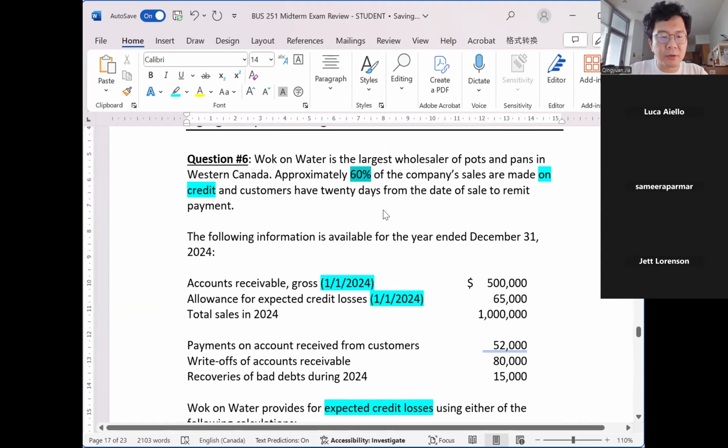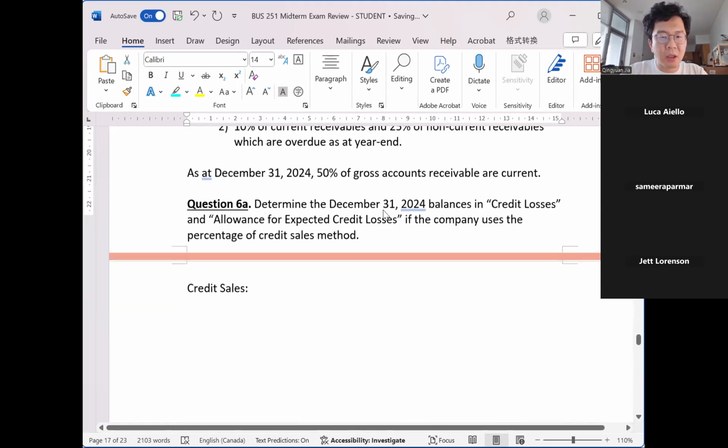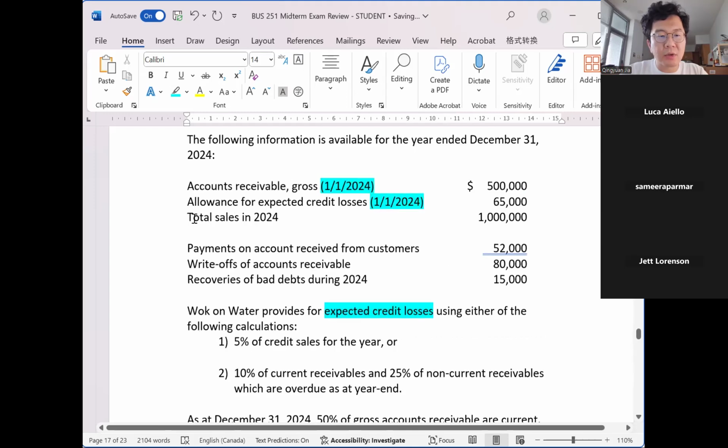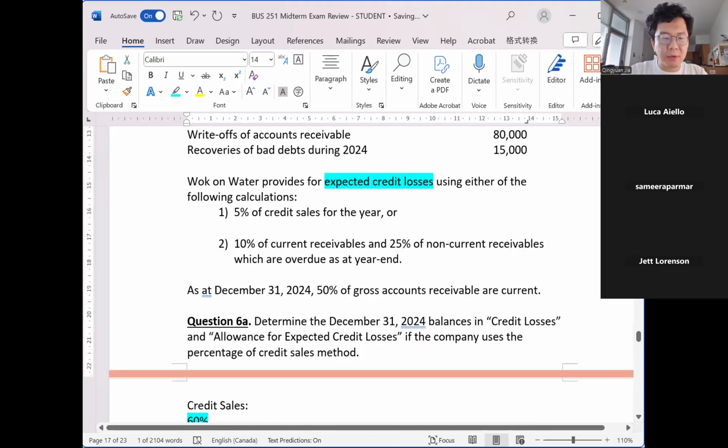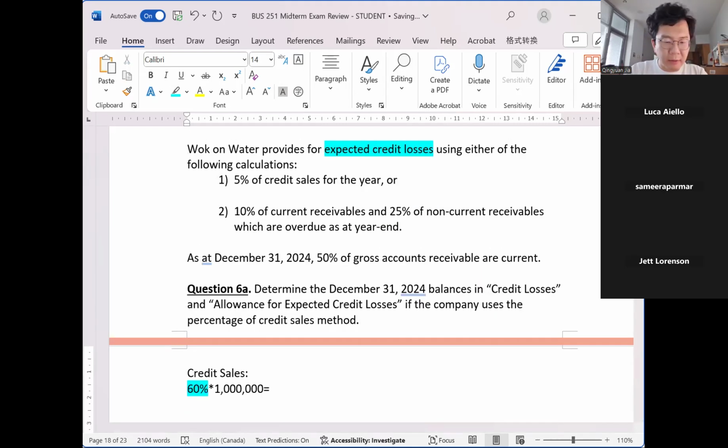So we will use this figure, 60%. And total sales, we have the total sales number here. So we will use this. And we times these two together. We have 600, right?